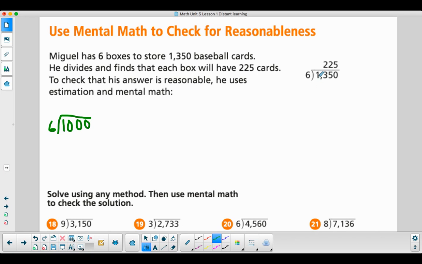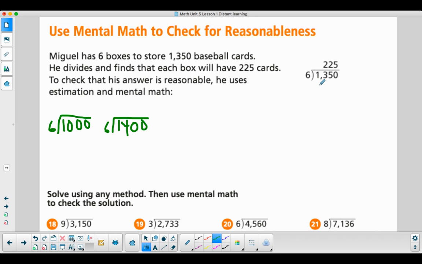So now what I really want to do is look at my first division going into the 1300s, in hundreds, right? Well, if I round this to hundreds, it gives me 1400s divided by 6. Well, guess what? 14 doesn't divide evenly by 6.